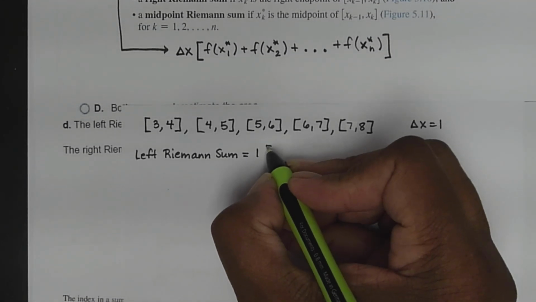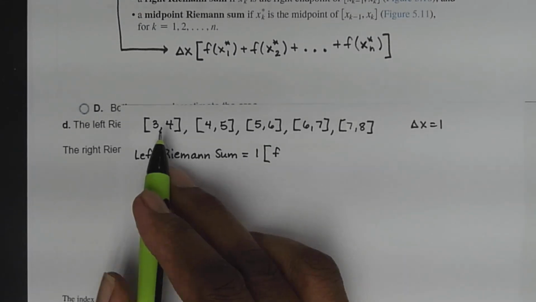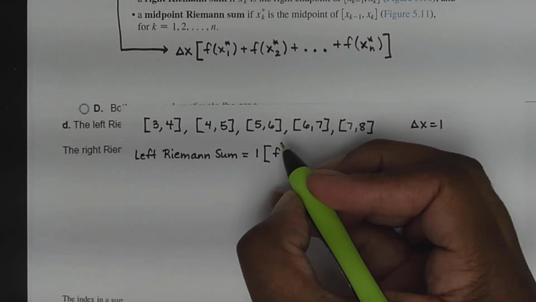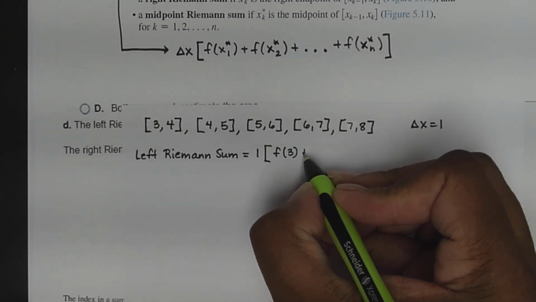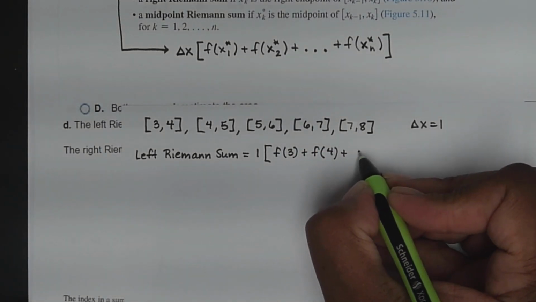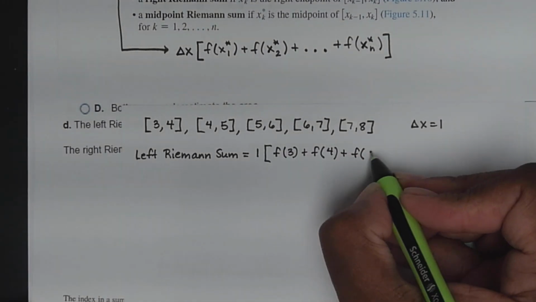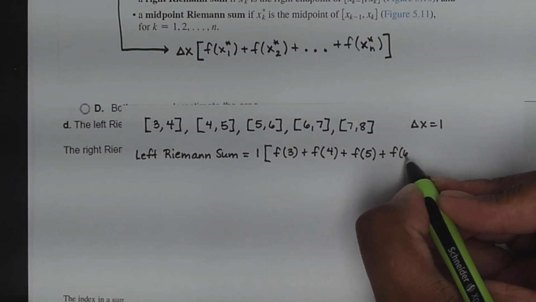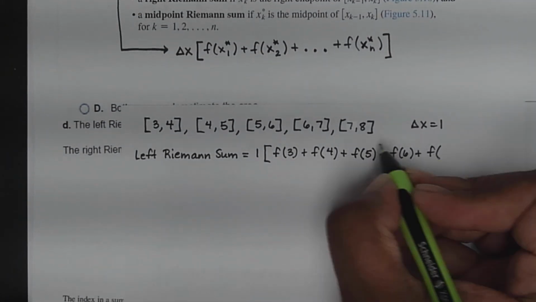So it'll be 1 times f of each left endpoint. f of 3 plus f of 4 plus f of 5 plus f of 6 plus f of 7.